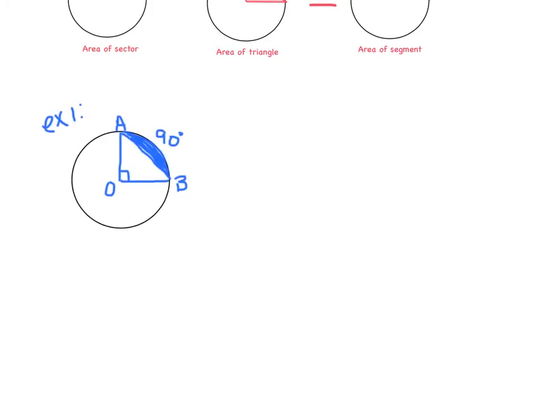So if we look at example 1, we see that we're trying to find the area of segment AB, and we're given some information about angle AOB and arc AB. So the first thing we have to do is find the area of the sector AOB.